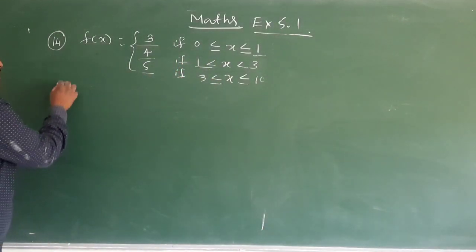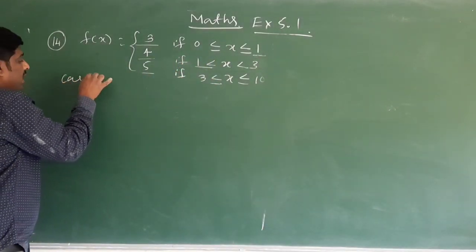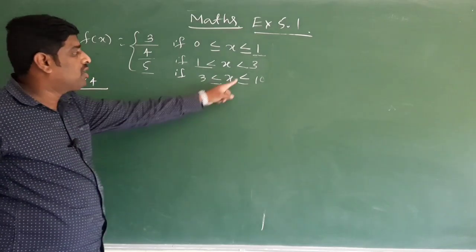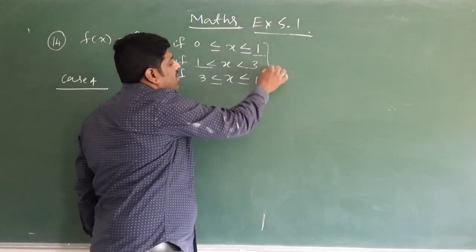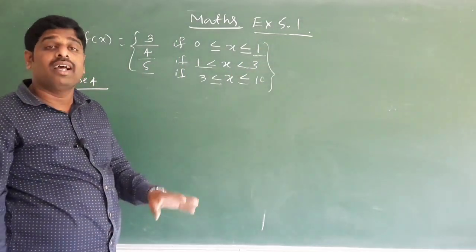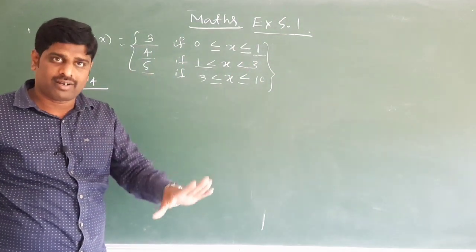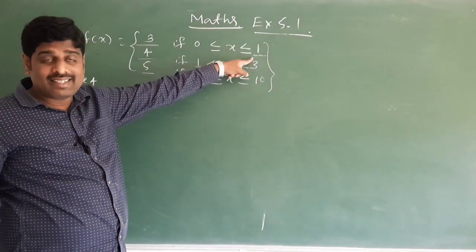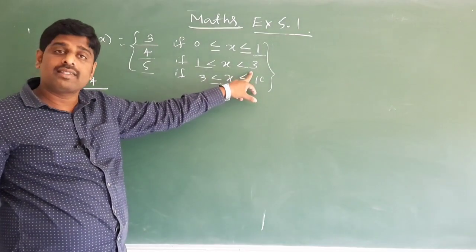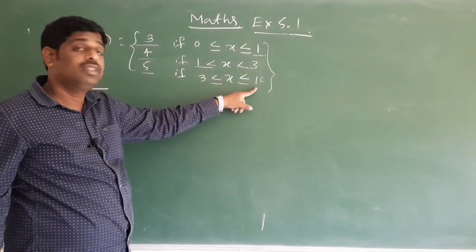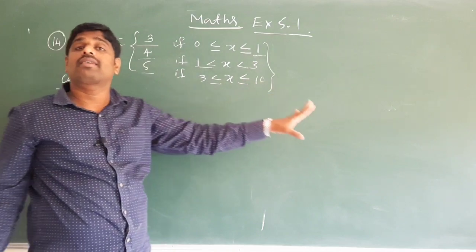See children, case number 4 is you have to check at x is equal to 3. In these intervals you have to check the limit first. For 1, LHL is there, RHL is there, you have to check it. For 3, LHL is there, RHL is there, you have to check it. For 10, only LHL is there but RHL is not there.